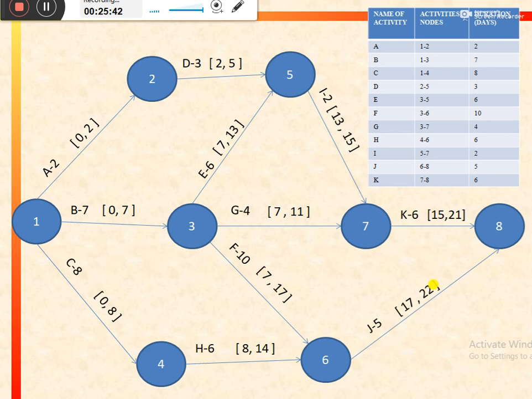So it is the timeline of the project. So to calculate the latest start and latest finish for this project, we would consider 22 days as the maximum duration allowed for this particular project.